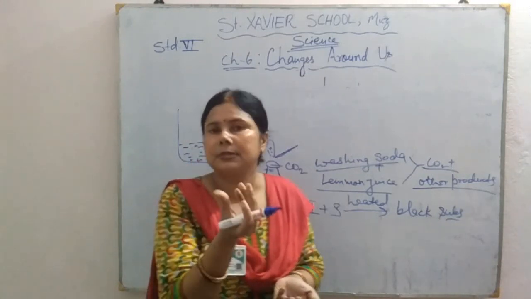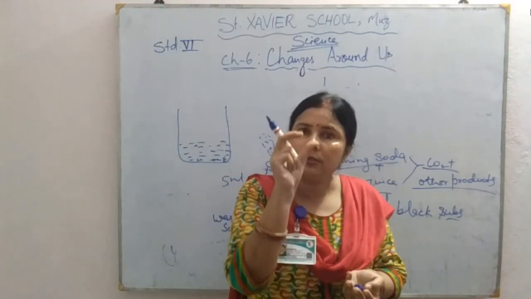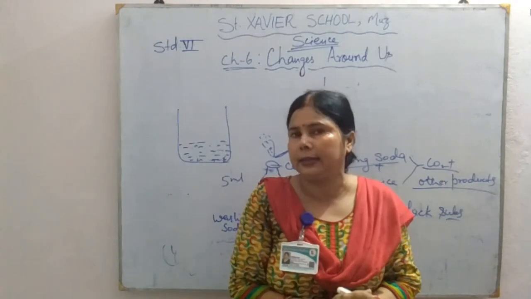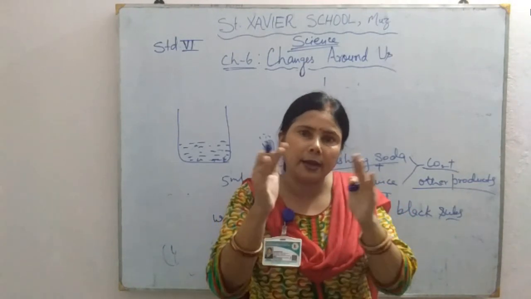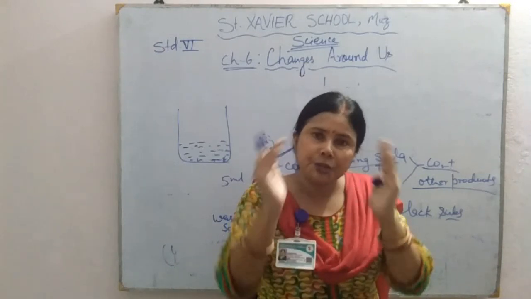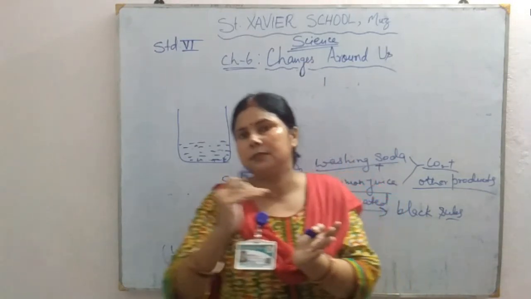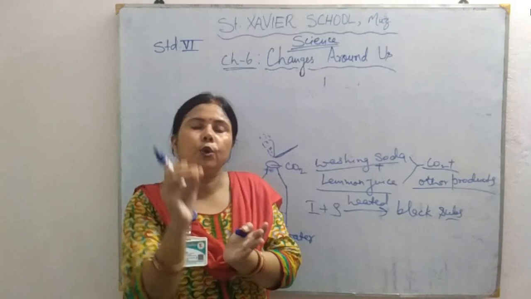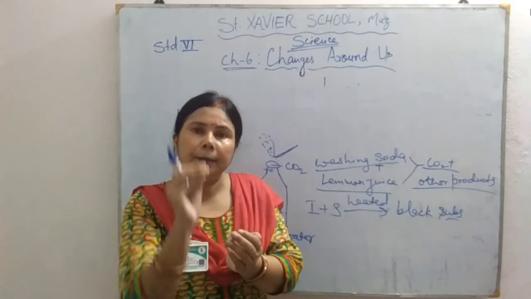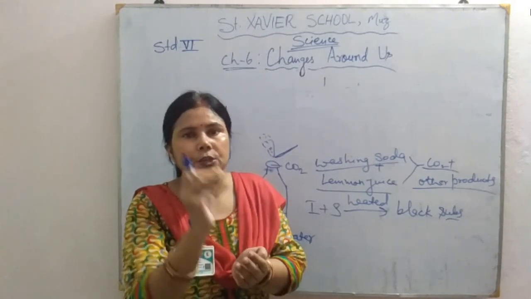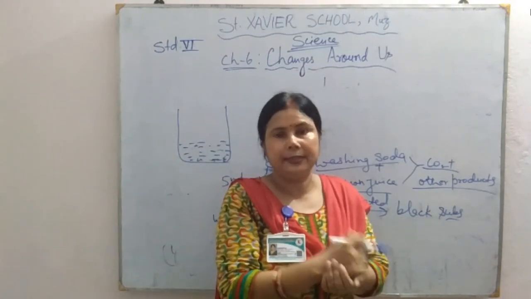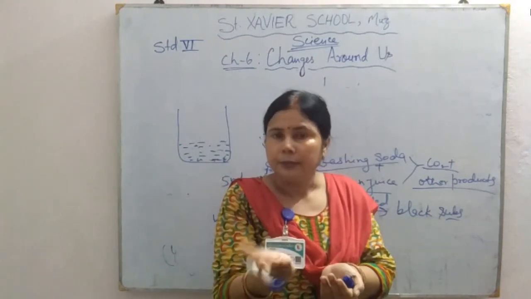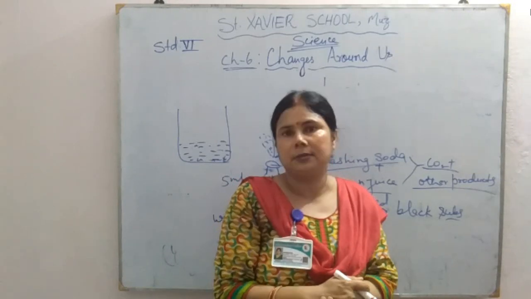Catalyst एक ऐसा substance है जो actually खुद chemical reaction में भाग नहीं लेता है, लेकिन reactant को active बनाता है, ऐसी condition create करता है ताकि chemical reaction हो जाए. जैसे कि chlorophyll in plants. Chlorophyll in plants is a catalyst which enables the process of photosynthesis. Without chlorophyll, photosynthesis cannot be possible.